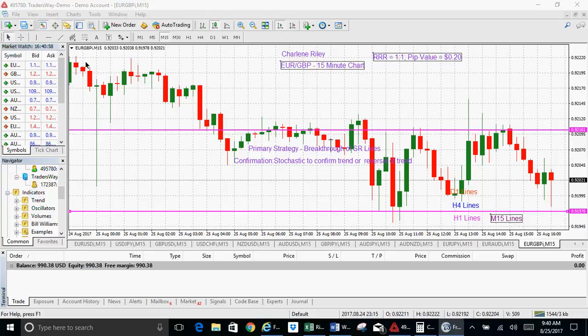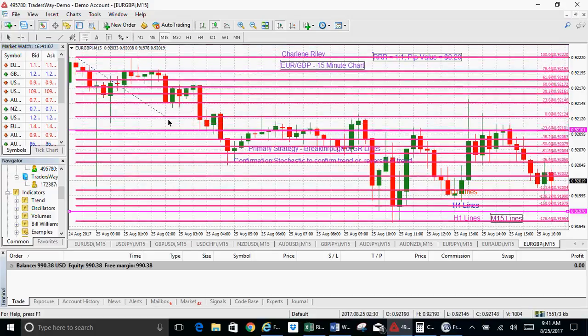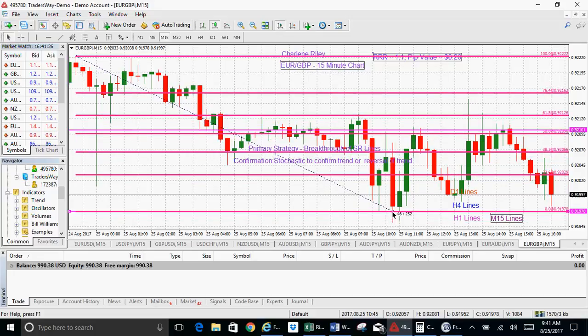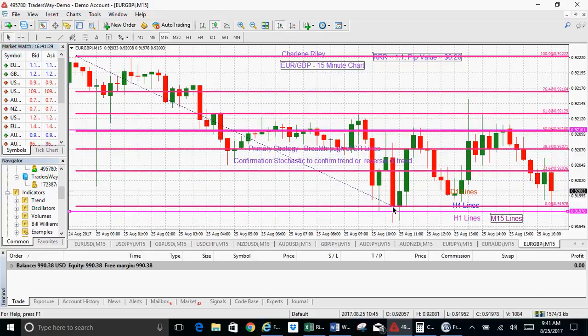So I'm going to go ahead and plot my Fibonacci lines now. And I'll go from this high over to this low. And now let's do some adjusting. That's a good line right there.